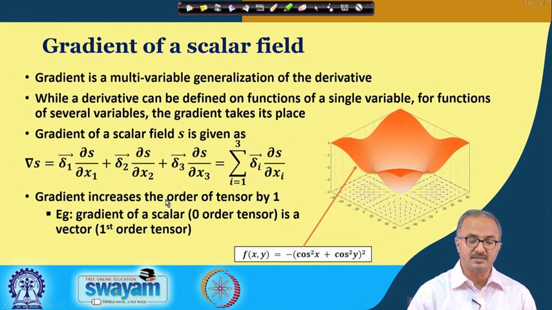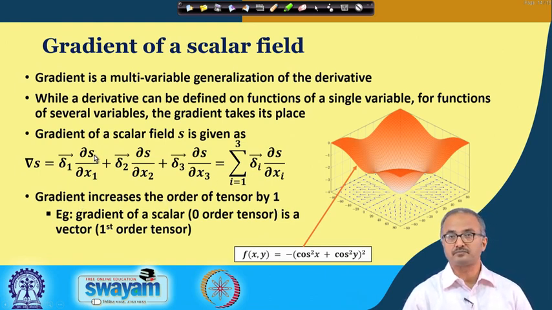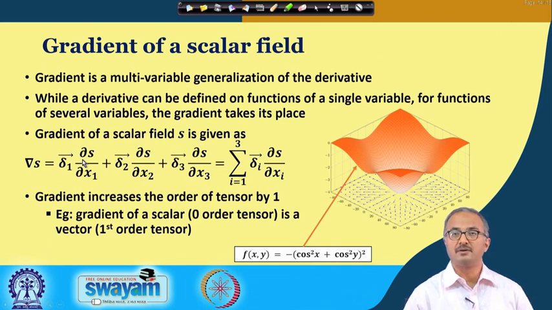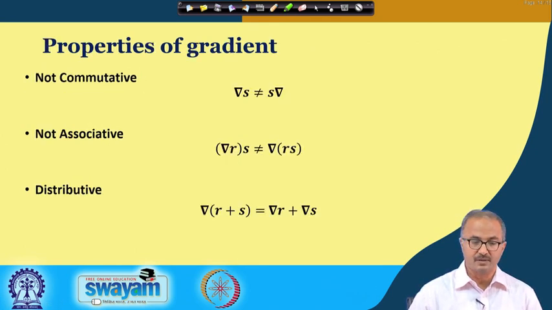Then the gradient increases the order of the tensor by 1. That means initially this S was a zero order tensor, and now we have converted a scalar to a vector. So we have increased the order. Here you can see how it looks like, f(x,y) is something like this, and if you take this Nabla, it will raise the order by 1 more.